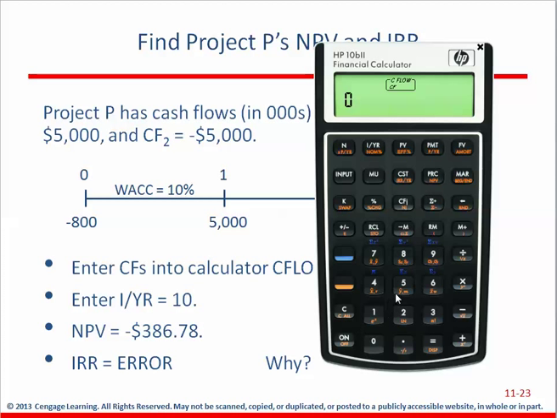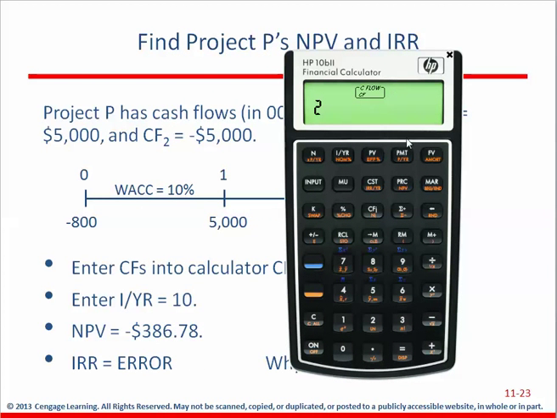Alright, 5,000 is cash flow 1, and then 5,000 negative is cash flow 2. Trust me, that's true. I'll move the calculator in a second.